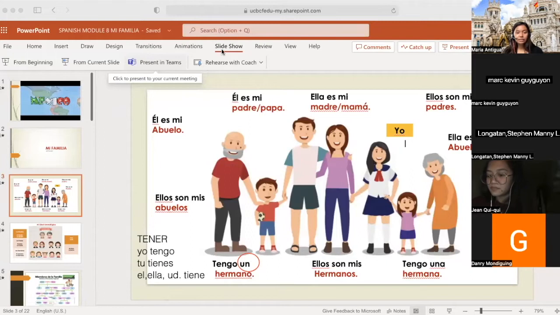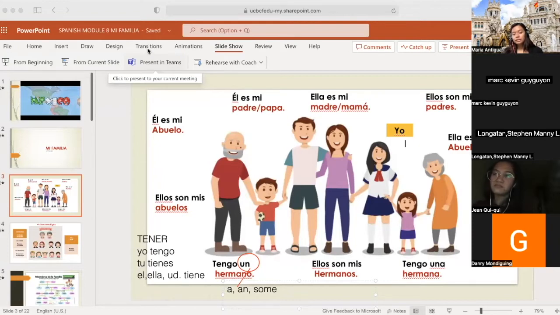And un here, what is it? It's an article, right? But what kind of article? In English this means a, an, and some. What kind of articles are these? Definite?